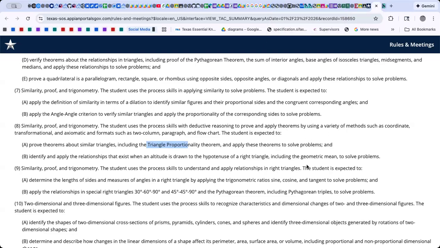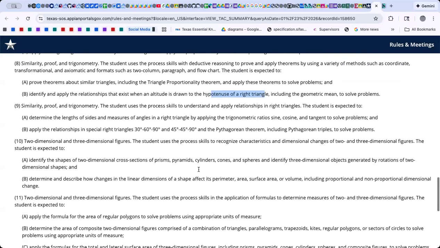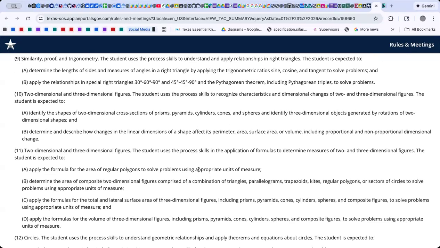That is important, guys. I don't remember; I have to check. I'll note it down and check. And then 30-60-90 triangles we did, right? This one we did.